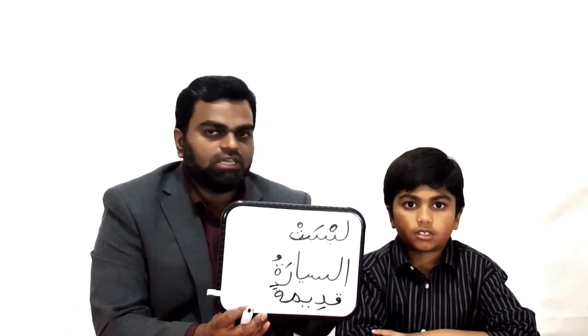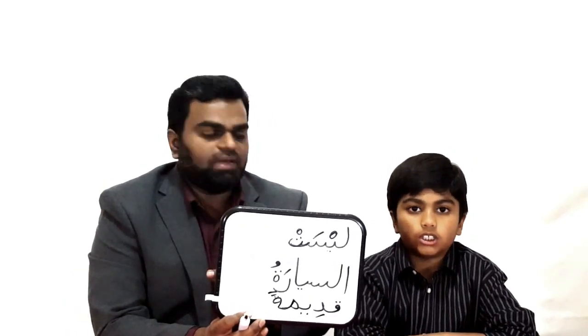Remember, you cannot forget these things. Qadimun or qadimatun? Qadimatun. And now because it's laysat, what happens? It becomes qadimatan. If it were laysa, then it would just be qadiman. Laysat as-sayyaratu qadimatan. Okay? Laysat as-sayyaratu qadimatan. Tayyib.